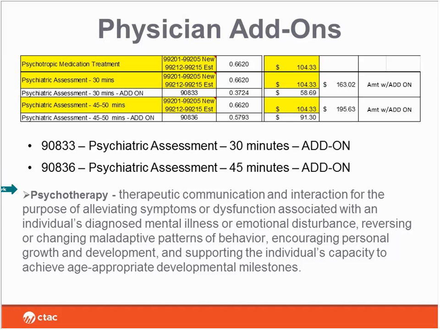Whenever you bill any code, you need to make sure you're documenting properly whatever it is that you're providing. So they just need to include in that note that in addition to having done a medication review, they also spoke with the individual about their symptoms or how they were doing, or pretty much anything is covered under here.